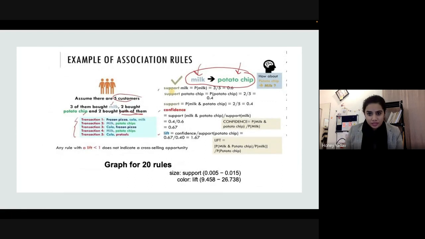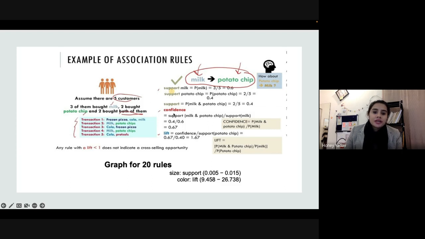This is a very basic example of how it works on the theory of probability, or how you calculate it numerically. Let's say 3 bought milk together, 2 bought potato chips, and 3 bought both. This is the transaction history. This is the support of milk, which is the probability of milk, this is the support of potato chips, which is the probability of potato chips, and this is the support, or probability, of milk and potato chips being bought together.